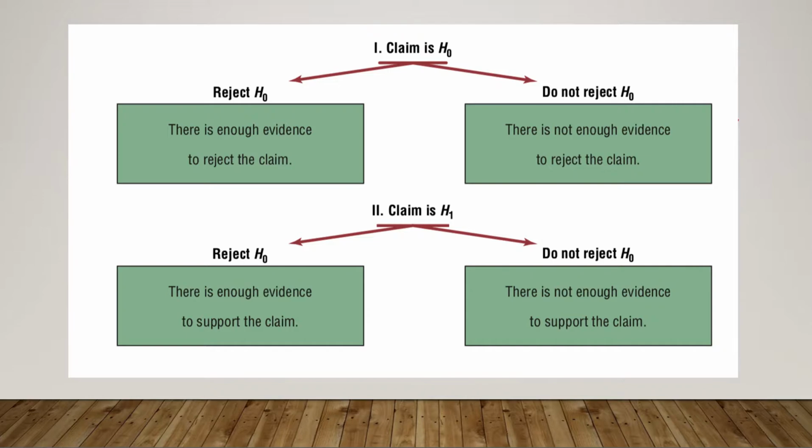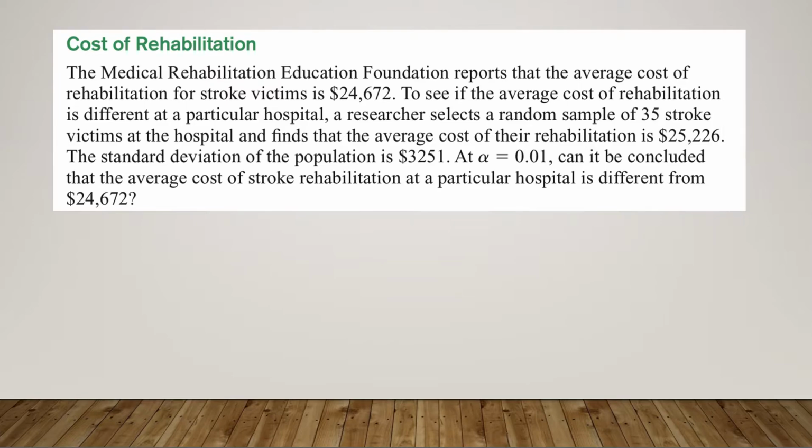All right, so I'm just going to work probably one of these with you because they are kind of long. Remember that we do have the option for Z or T with the same criteria that we had back in Chapter 7. And so that is, remember that if you have the standard deviation of the population, you are using a Z-score, and if you have the standard deviation of the sample, you're using a T-score.